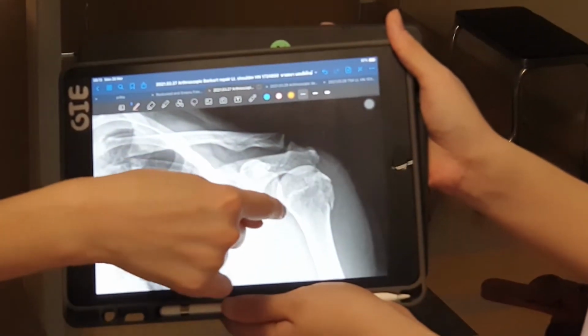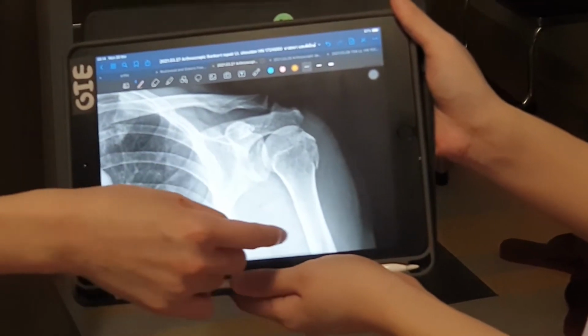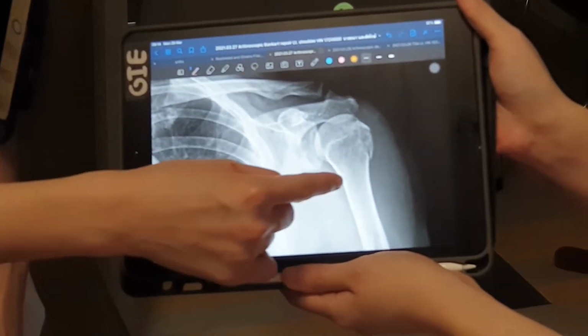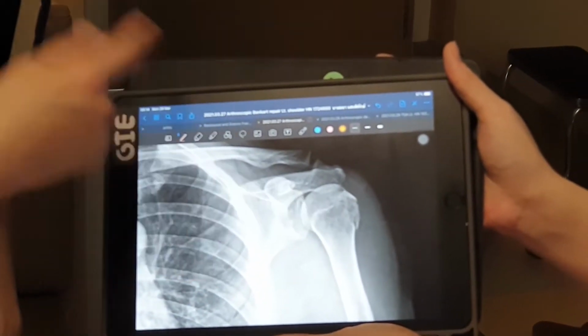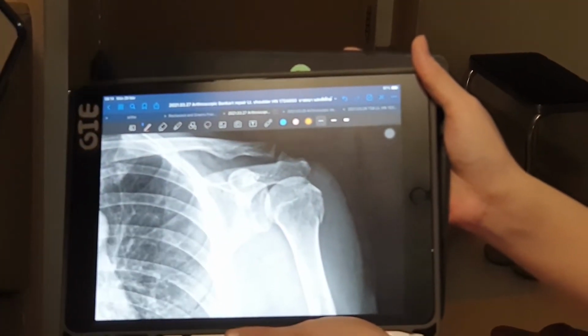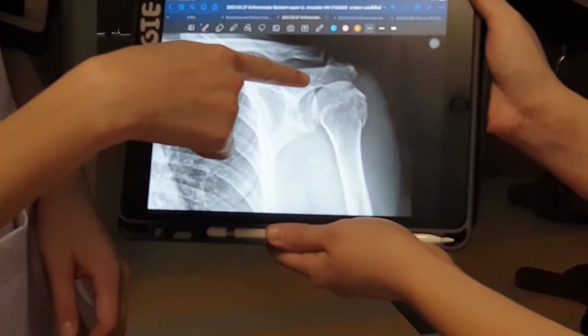But maybe the Gothic arc is a bit not perfectly aligned, like this part. Yeah, and then there is a closed fracture of the greater tuberosity of the humeral head on the left side. And I'm not sure what this one is.